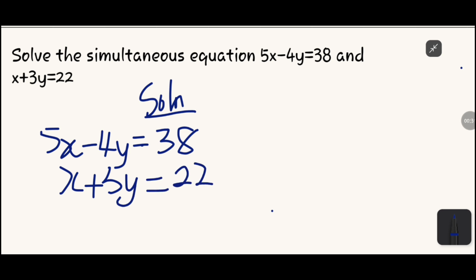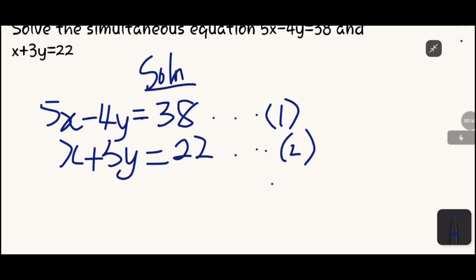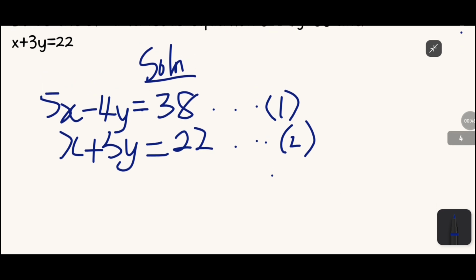So remember, when we are using the substitution method, we make either x or y from any of the equations the subject. So this is equation 1, this is equation 2. Now, if we make x in equation 2 the subject, it will be easier for us to solve. We will get a simpler equation. So let's make x in equation 2 the subject.